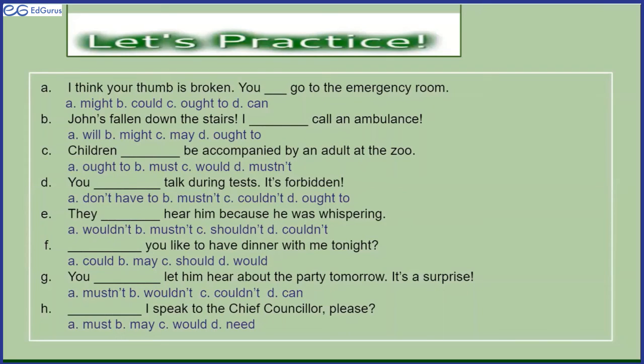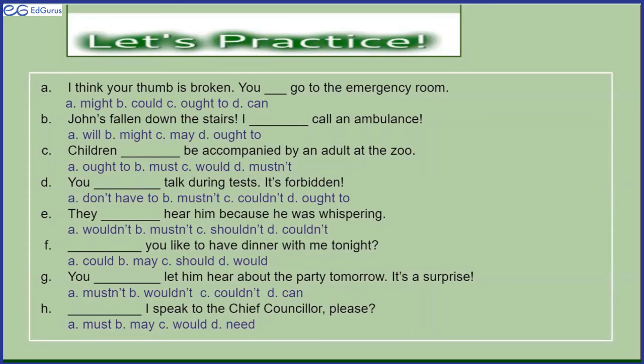Right? Okay. Dash you like to have dinner with me tonight? Would. Very good. You dash let him hear about the party tomorrow. It's a surprise. You can. So read the sentence carefully. You would not.